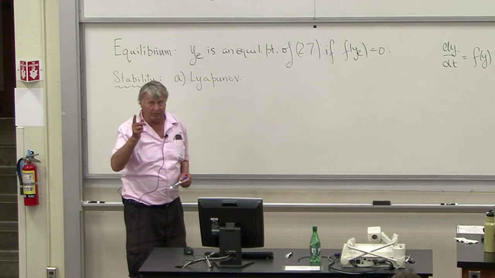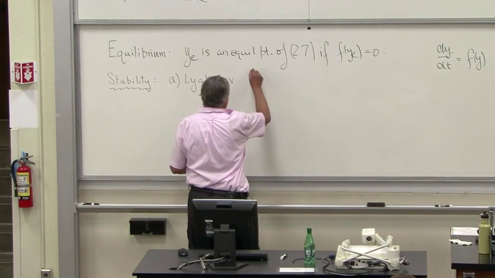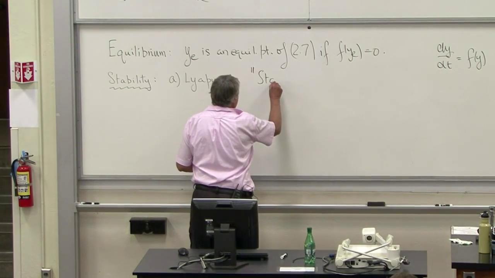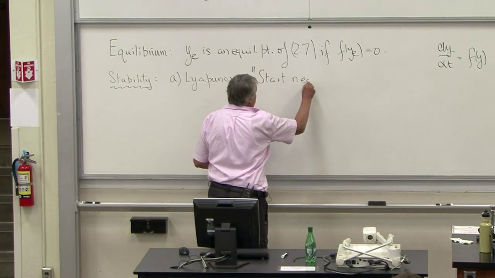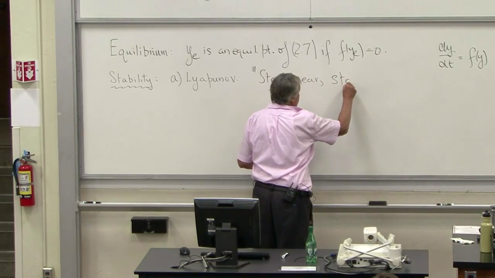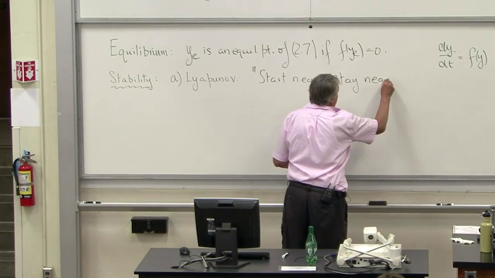Now, if you write down start near, stay near as a mathematical statement, mathematicians' eyebrows will go up through their hairline. But this is what I want you to remember, because this is the correct idea. Start near, stay near.